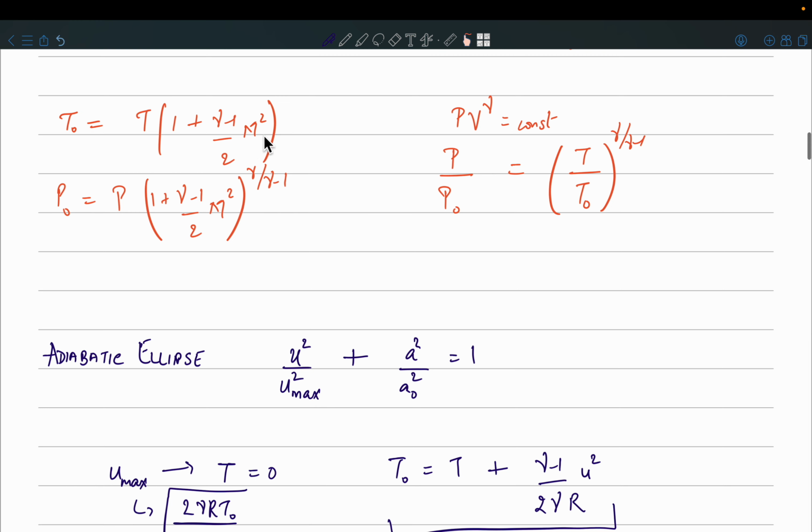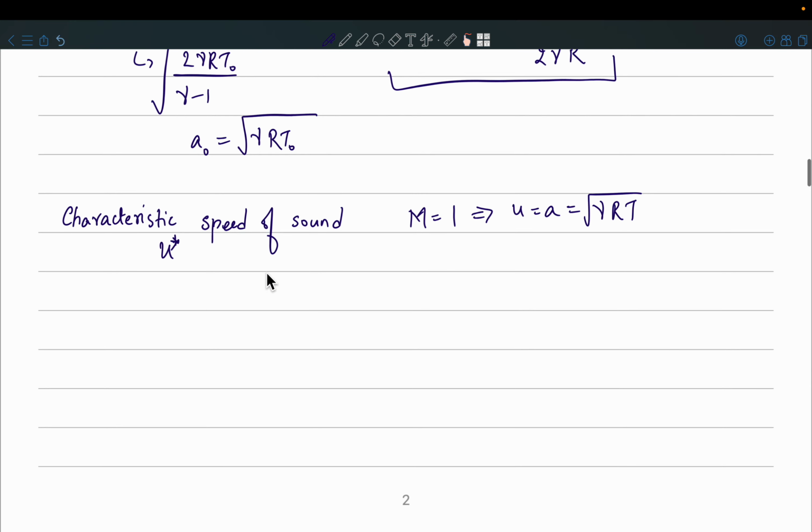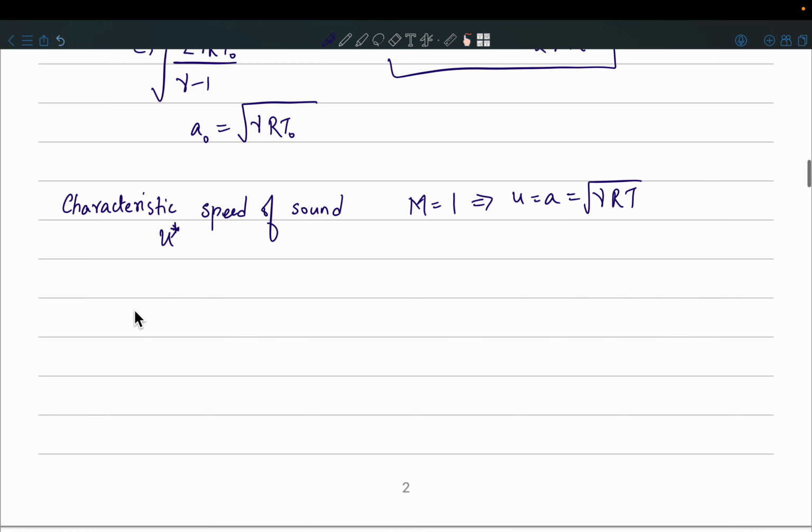There is no other Mach number coming. Mach number has been fixed to 1, that is by definition. Okay, let me use that formula then, if you are getting confused.